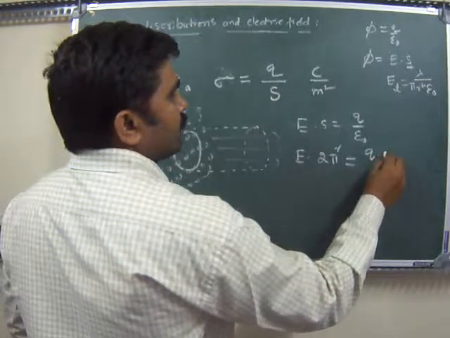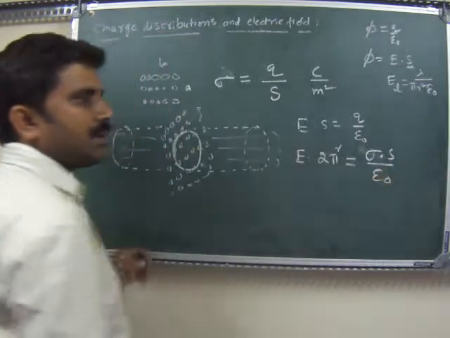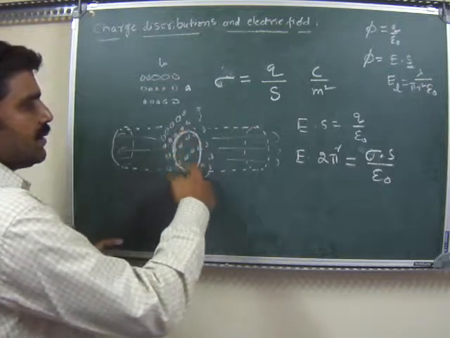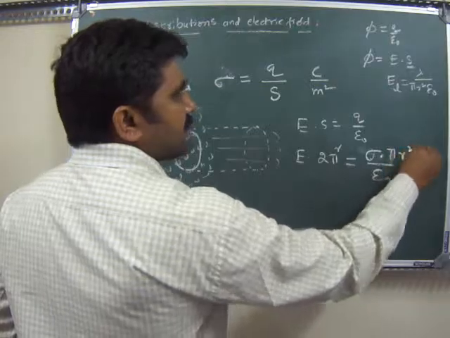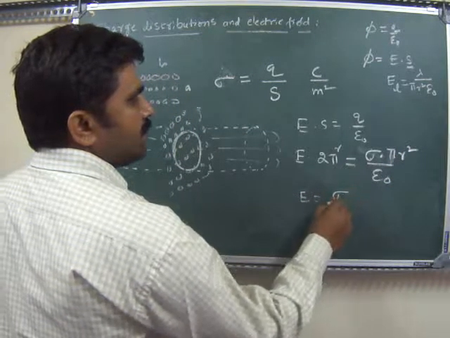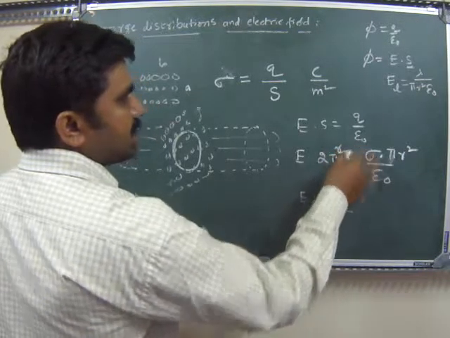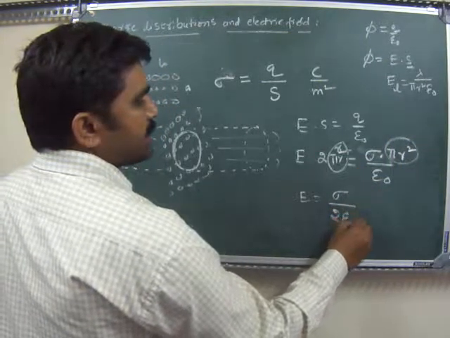Sigma into S by epsilon naught. So S is pi r square, only one pi r square, one circular plane you are considering. So E into 2 pi r square is equal to sigma into pi r square by epsilon naught. So pi r square gets cancelled, and E is sigma by 2 epsilon naught.